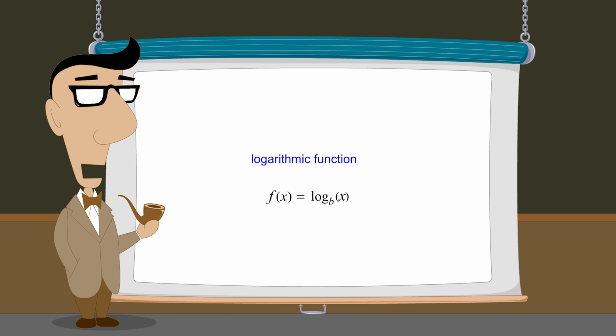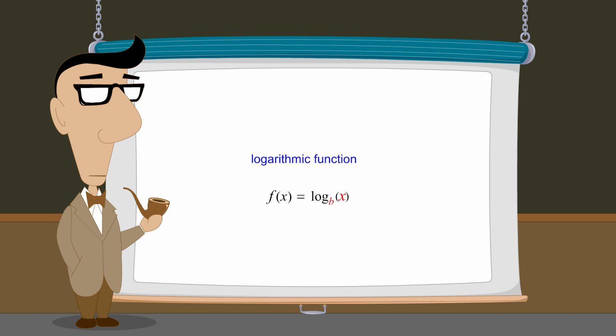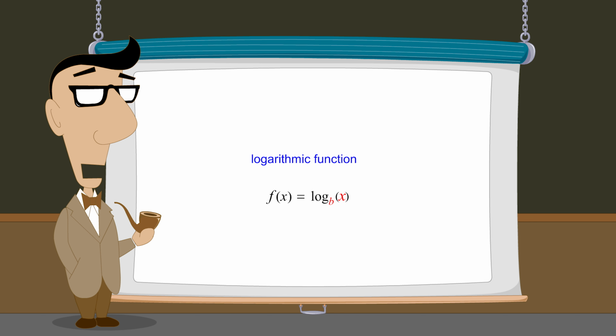So to evaluate a logarithmic function of x with a base b, we ask what must the base's exponent be for the result to be x. To see some examples of this process, let's evaluate a few basic logs. We will start by evaluating log base 3 of 9.